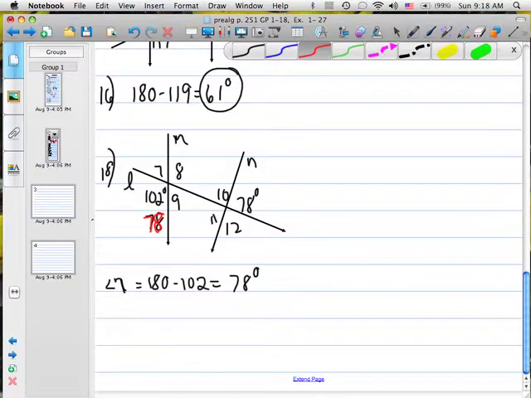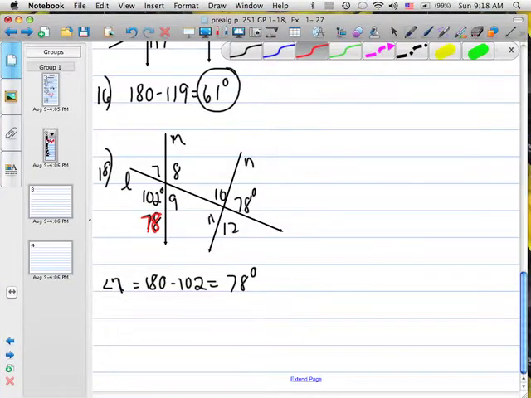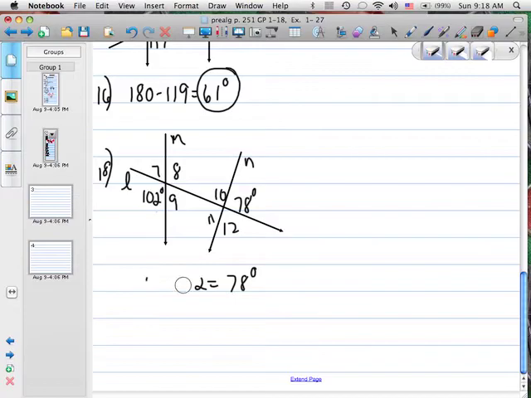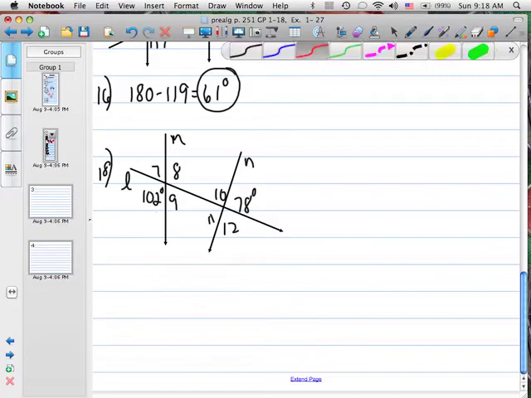Whoops, let me go back here and fix this. Let's fill in the angles first. So this is 102, this is also 102. 180 minus 102 is 78, and this is 78.